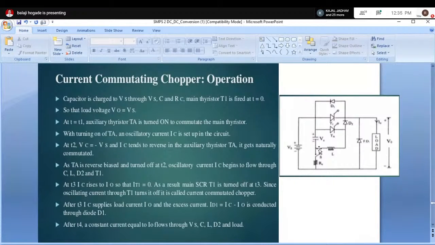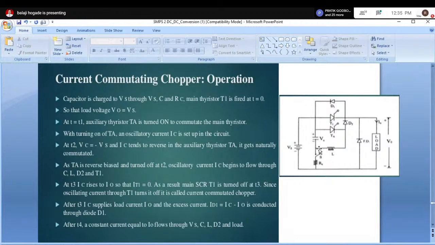At t equal to T3, IC rises to I0. What does it mean? We now have several time intervals: first t equal to T0, second t equal to T1, then t equal to T2, and now we are at t equal to T3.